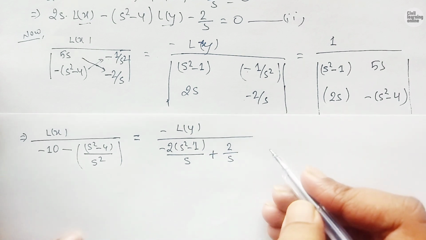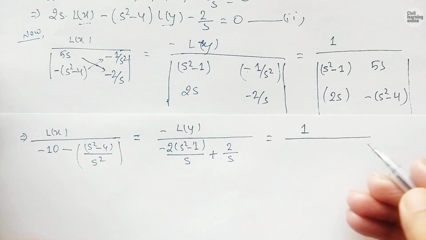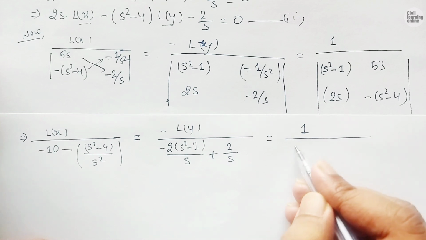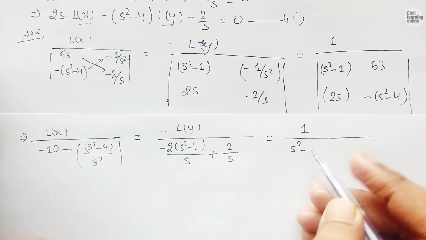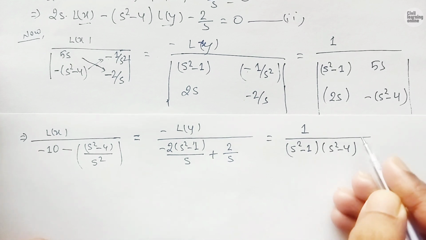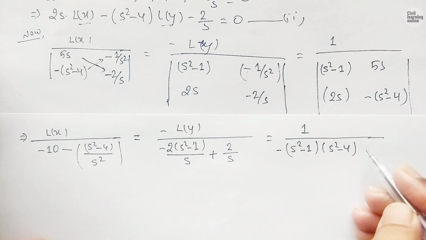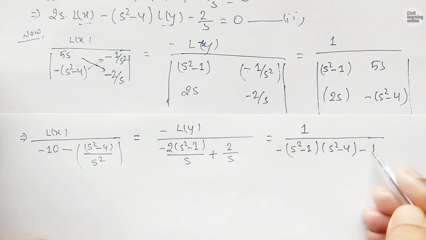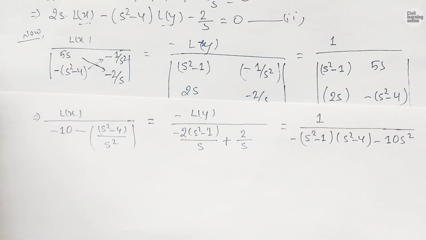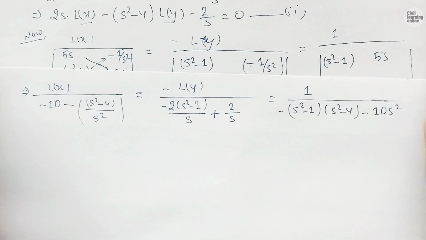Okay, now we have again 1 upon, and multiplying these two we will have here s square minus 1 s square minus 4, and this minus sign, and here on multiplying these two we will have here minus 10 s square.